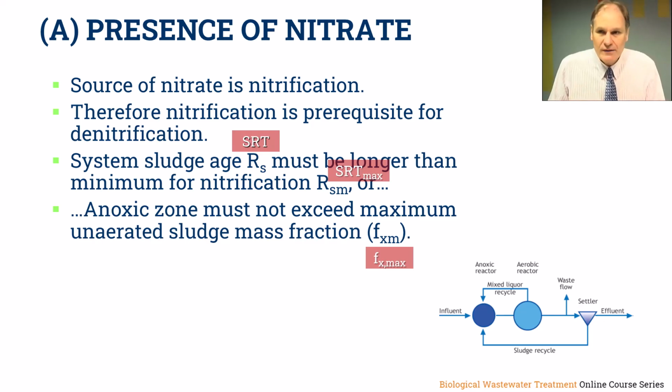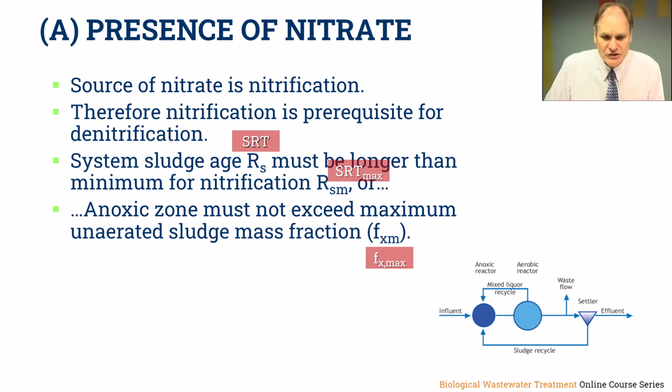The reason why the ordinary heterotrophic organisms prefer to use oxygen to nitrate is because they can generate more catabolic energy per electron transferred with dissolved oxygen than they can with nitrate. And so they will always use the oxygen first if oxygen is present.